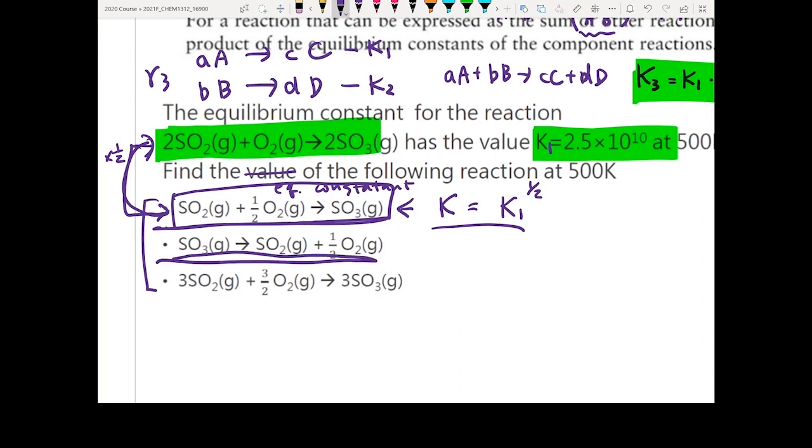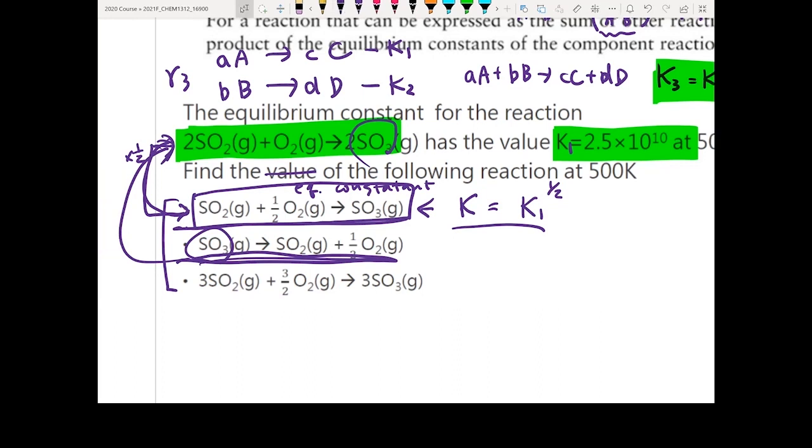How about this one? How is this related to your given equations? The first thing you should see is that the product has become the reactant. That means the reaction has been flipped. We know when you flip the reaction, the new K is the reciprocal of the original K. How about the coefficient? You go from 2 to 1, which means you multiply by 1/2 again.